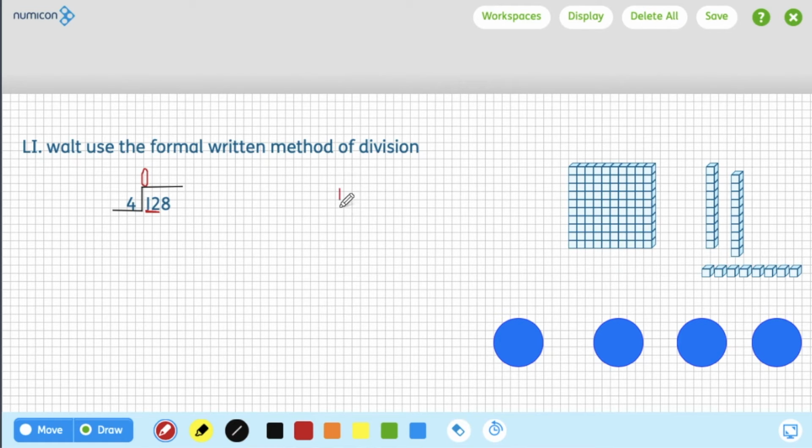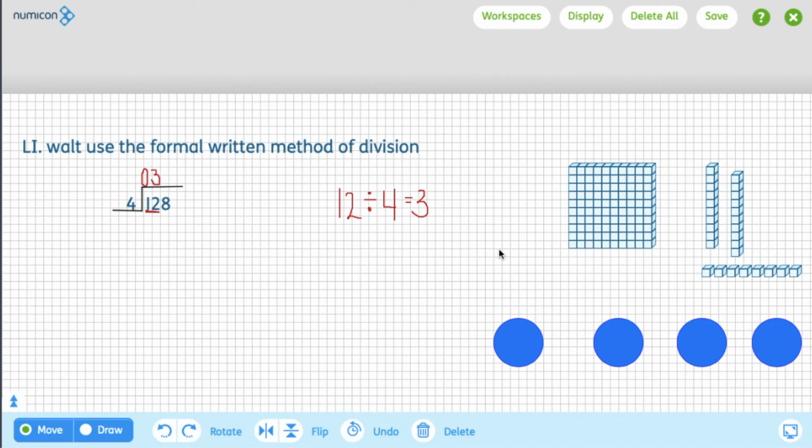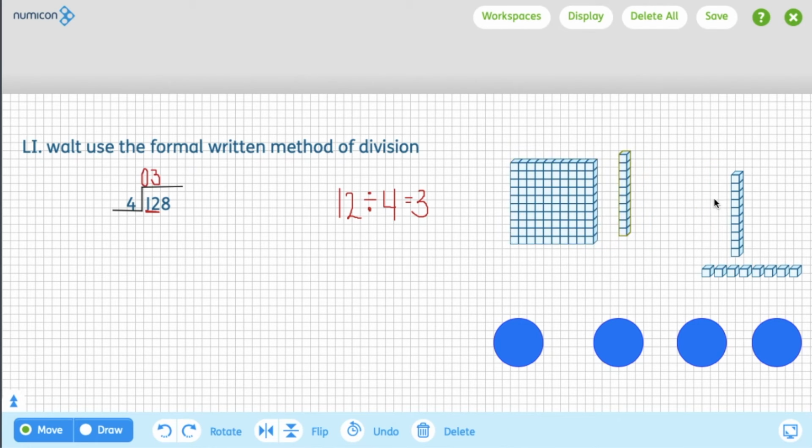So it'd be 12 divided by 4, or how many 4s go into 12, and we know that there are 3 4s in 12. So what I would do is I would put a 3 over the tens column. Now again, this 12 actually signifies 120 if we're pretending that there's no units. So my 120 would be this 120 over here.